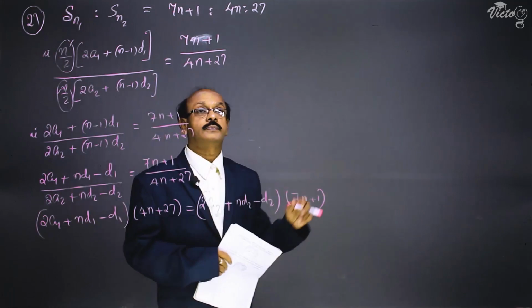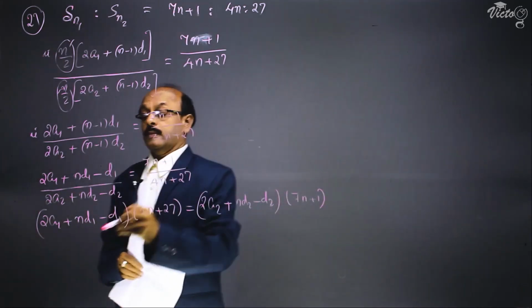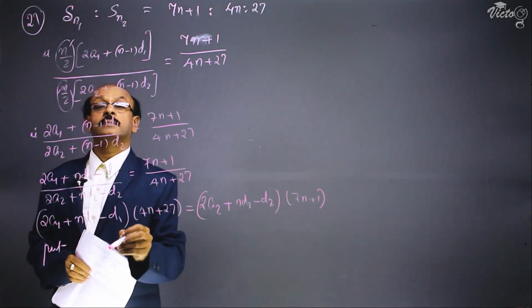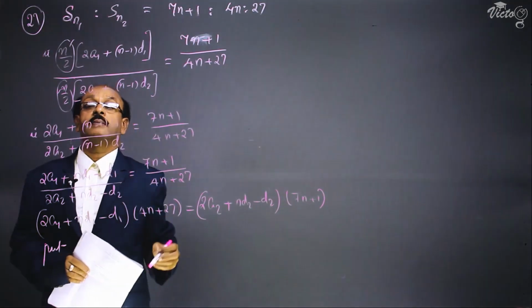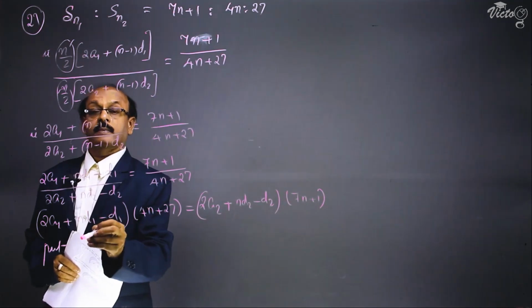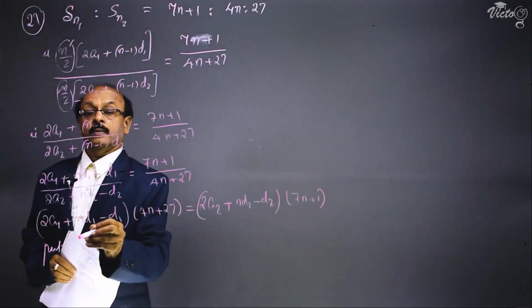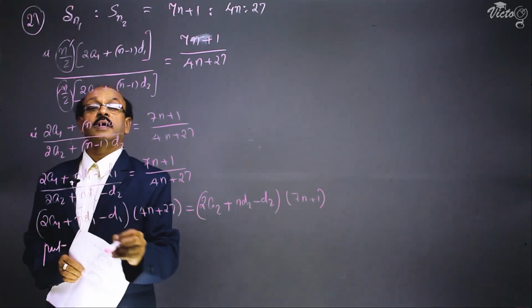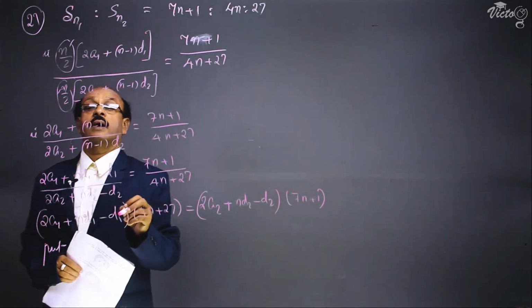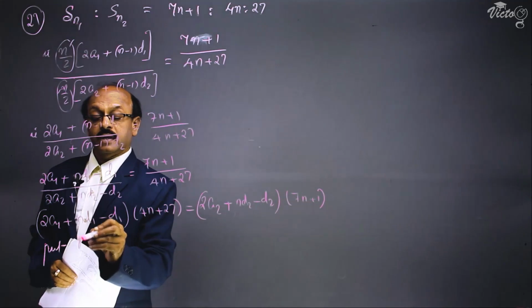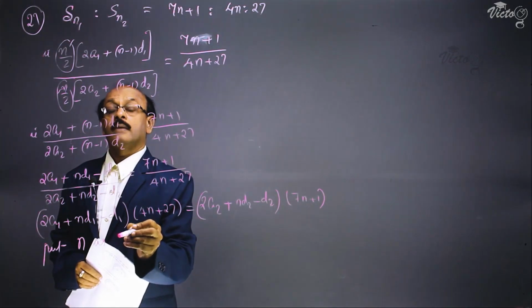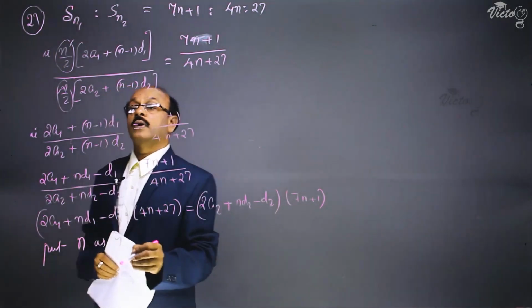Put n is equal to 9 in 2a1 plus (n minus 1) d1. Instead of 8d, we have to write it as n minus 1, put n as 9.